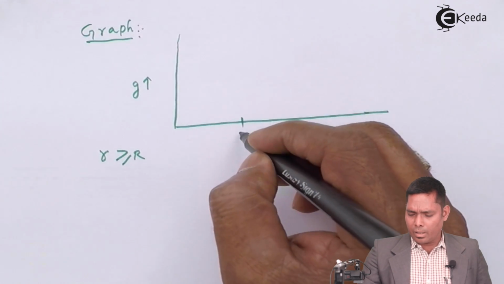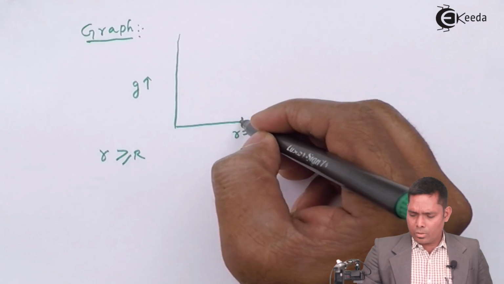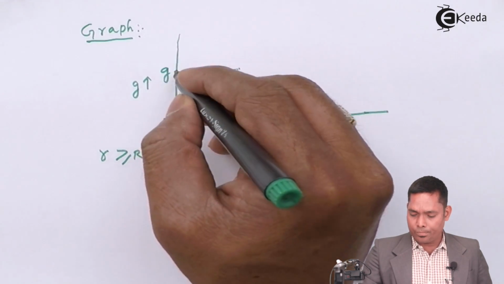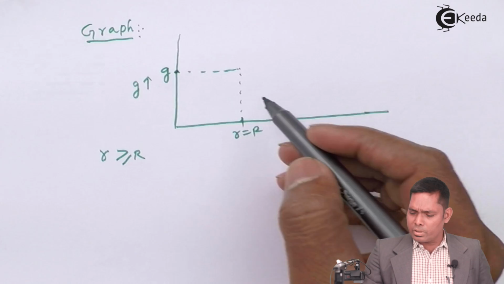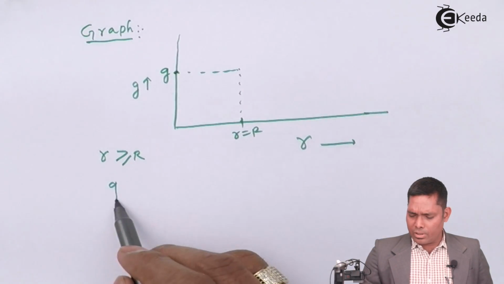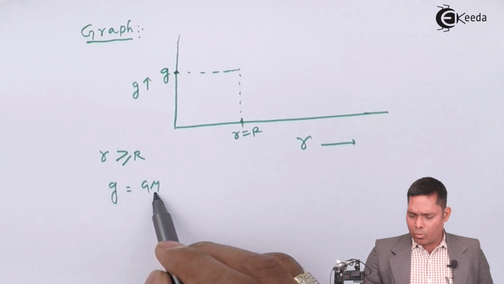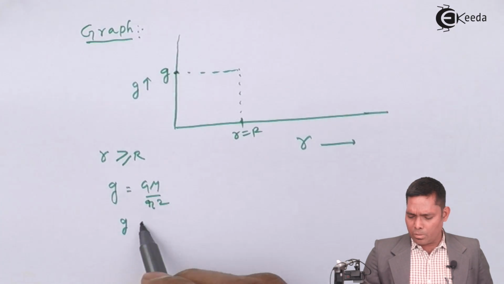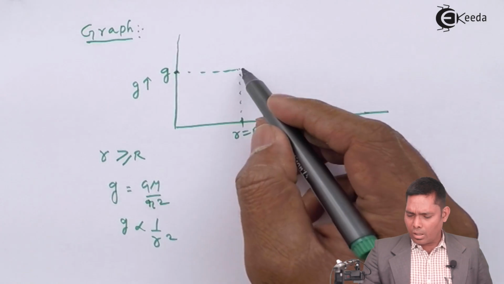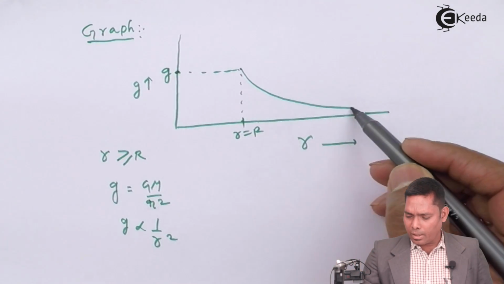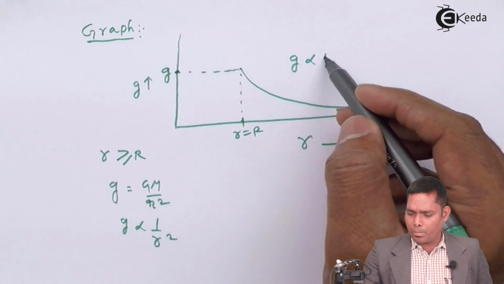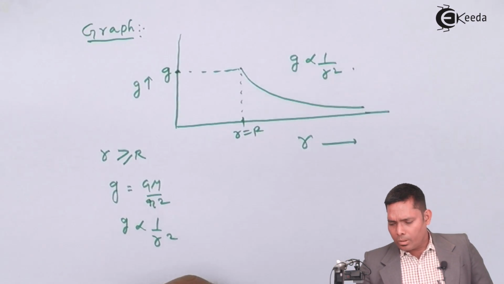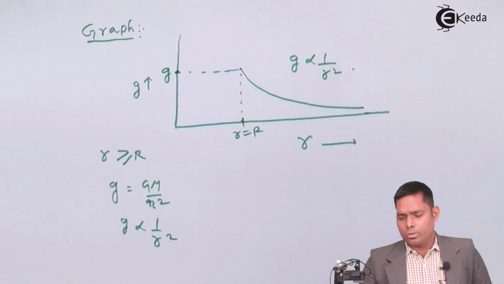Suppose this is my r equals R. So at r equals R, suppose the value is here, this is the g value. Outside that, we have just seen that g equals GM over r square, that means g is inversely proportional to r square. So this graph gradually decreases like that. This is g inversely proportional to r square. This is how it varies outside that. Okay, so thank you.